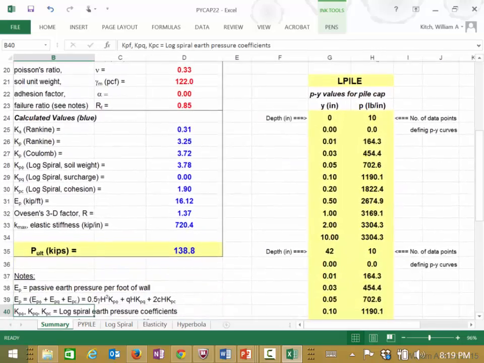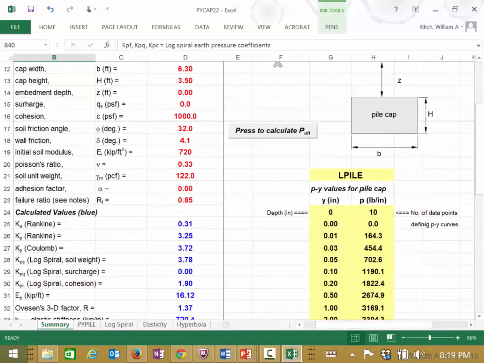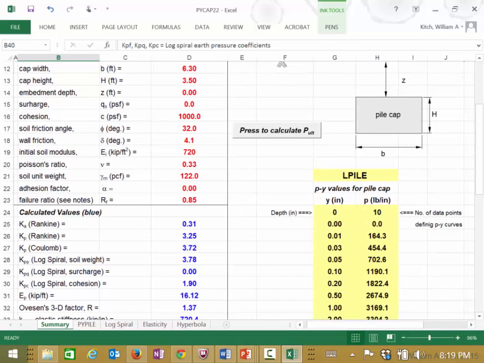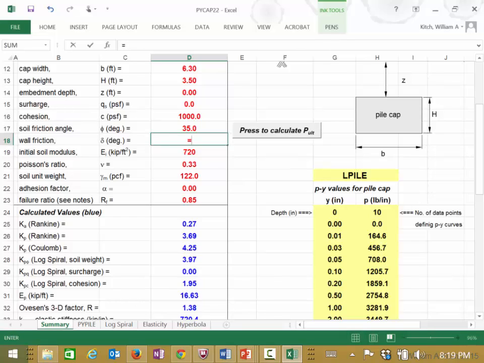90% of this I haven't used for these purposes. But you can come in here and enter your friction angle. Let's say we have a friction angle of 35 degrees. You can input your wall friction angle if you want to enter it as a percent of the friction angle. So if you want it to be 30% of the friction angle, you can do that.